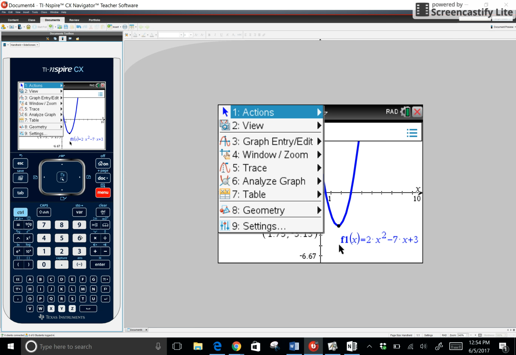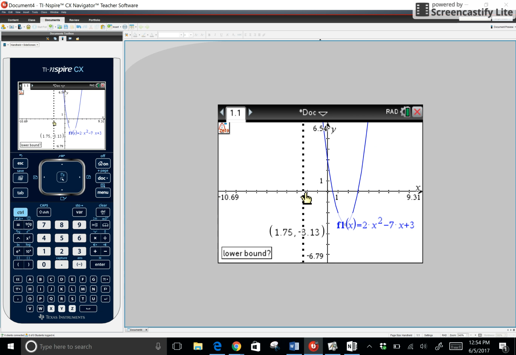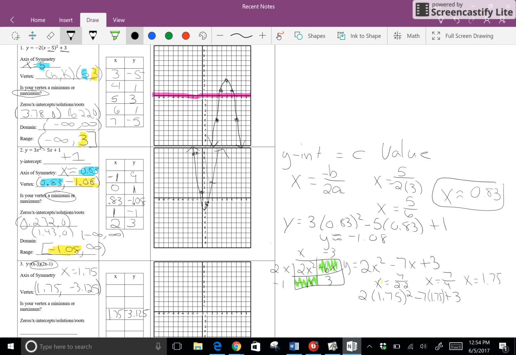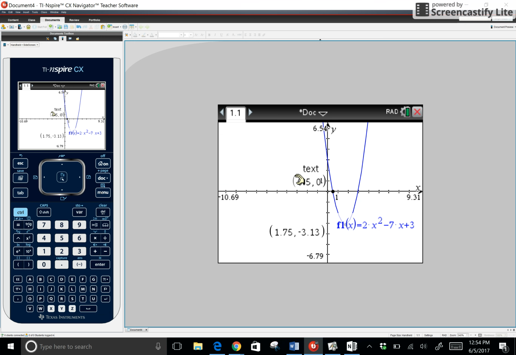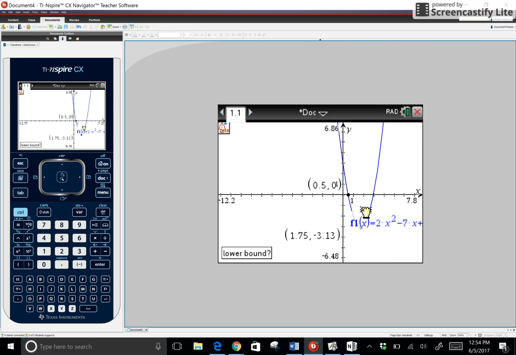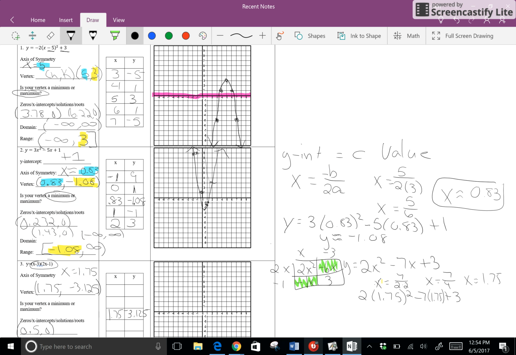And you find your 0, 6, 1. So you got 0.5. You got 3. You can tell that it's minimum.